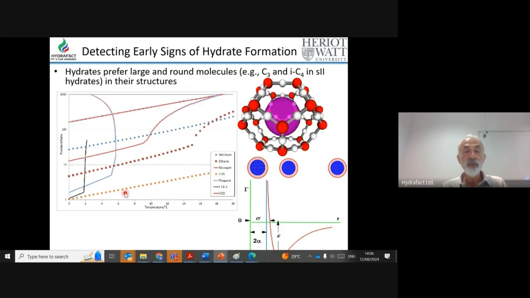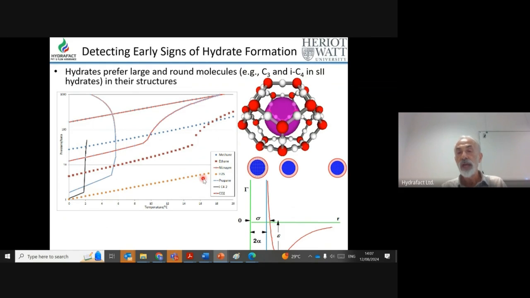Now, different components, this is H2S, this is iso-C4, this is C3, this is ethane, this is CO2, this is methane, this is nitrogen. So you see that different components have different affinity to form hydrate.